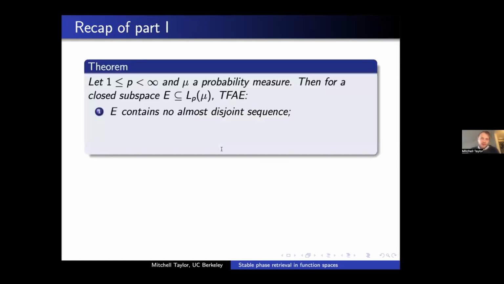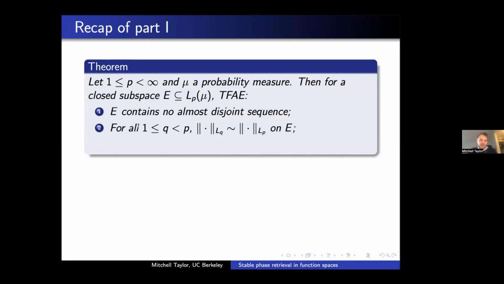And well, when I say this is classically studied, there must be some theorems on it, or that wouldn't be true. And the theorem that is most important to us is a theorem about LP of a probability measure with finite P, and it says that a closed subspace E of LP satisfies several equivalent properties. The first being lacking almost disjoint sequences, which is the one we're interested in.